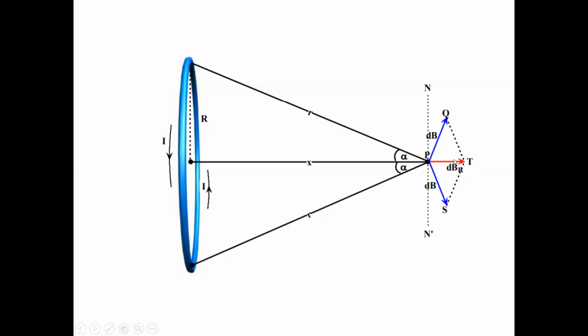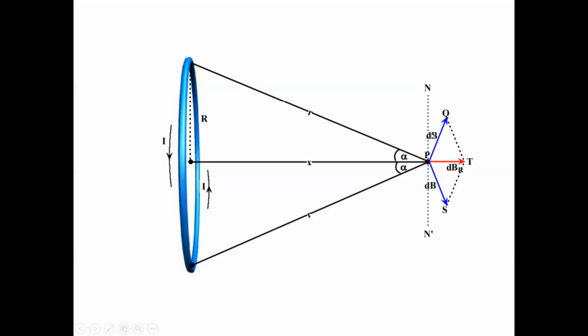So for this dBr, the total value of this portion, that means the angle of QPS, is actually... NN' is a straight line.